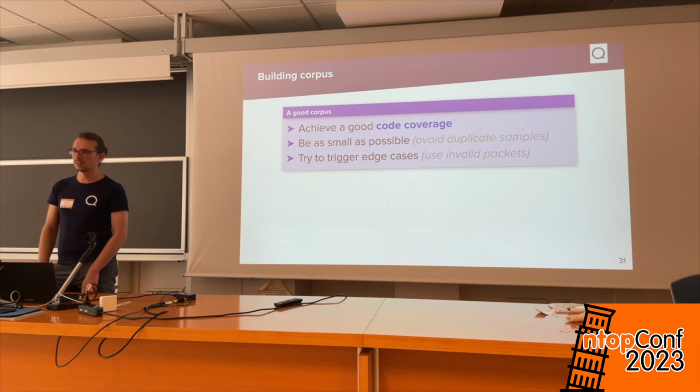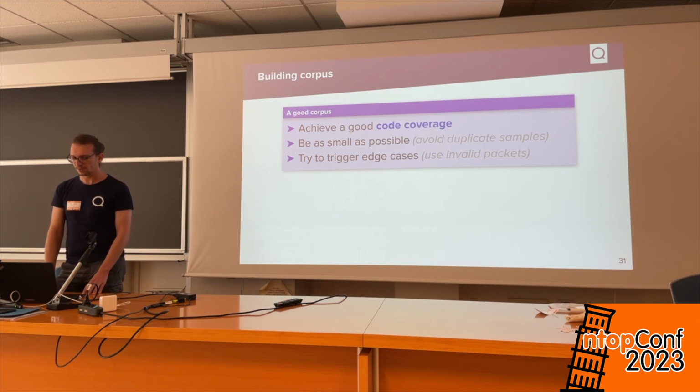The idea is that we want to have some pcap traffic, for example a pcap file that contains some invalid packets or something that looks a bit malicious in some way, because we wanted to trigger the edge cases, since we want to find bugs in there.